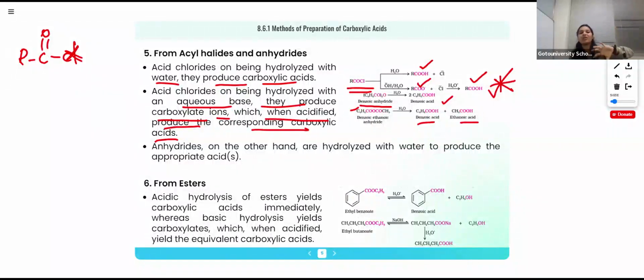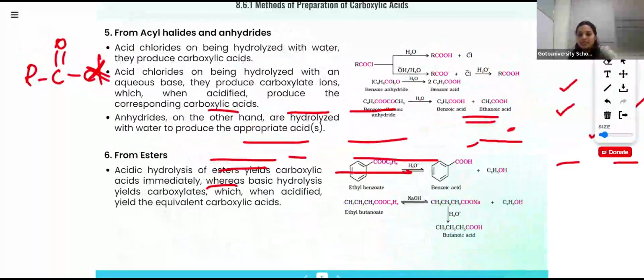See, in this reaction we are not getting only one acid. Sometimes you will get a mixture of acids, depending on the anhydride you are using. Here you are taking benzoic anhydride, which has the same group twice on both sides.